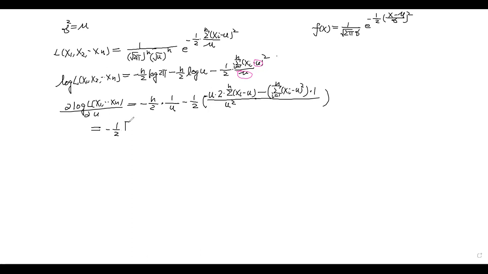For the negative 1/2 factored out, the first term is n over mu. Then plus, this is a big equation, with mu squared on the bottom. I like to take this part out so we can see it better. This really will be the summation of xi minus n times mu.